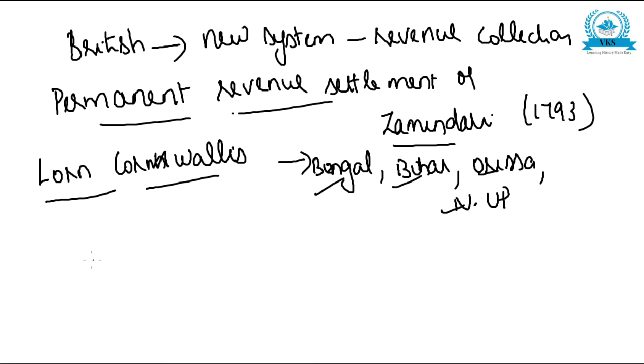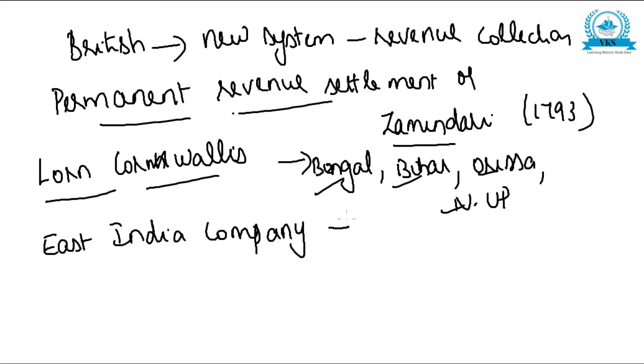According to this permanent settlement system, the East India Company entered into a direct agreement with the Zamindars.